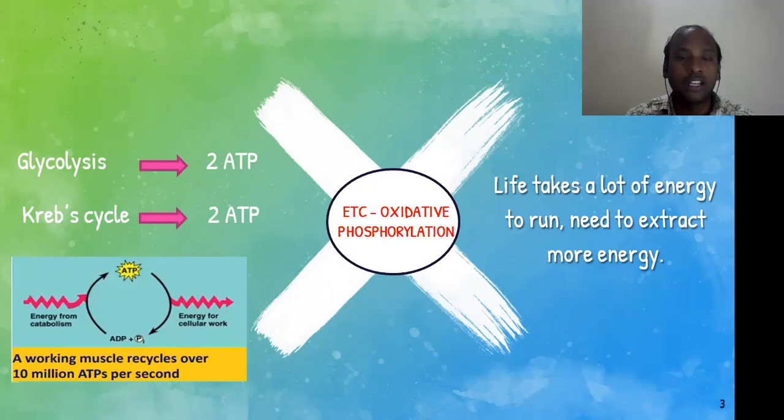So definitely there is a mechanism other than the substrate-level phosphorylation reactions of glycolysis and the Krebs cycle. The electron transport chain and oxidative phosphorylation are the other mechanisms from which the cell can extract the maximum amount of energy from the compounds.